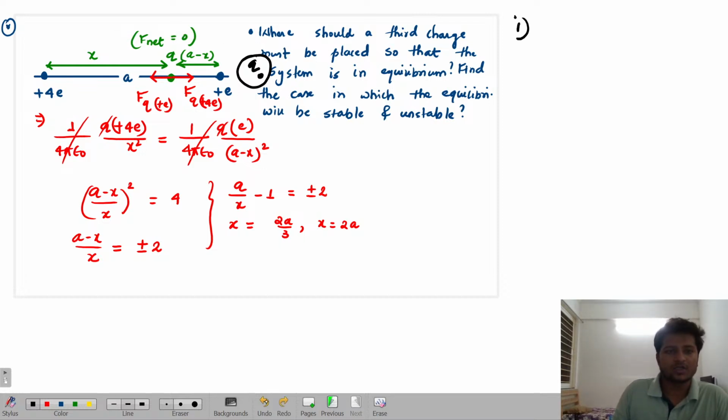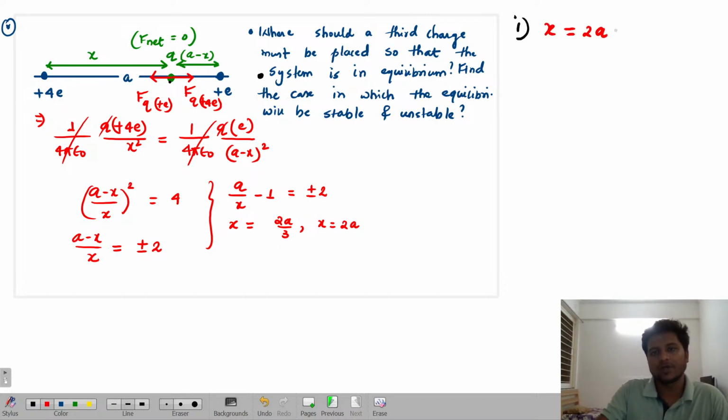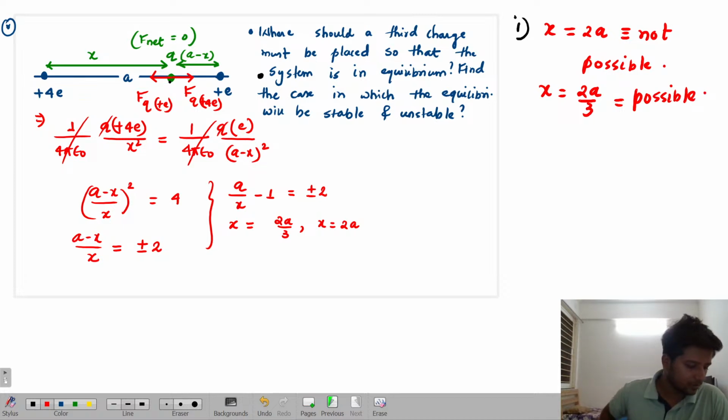But between two positive charges, the charge must be placed in between it, isn't it? So first thing, x is equal to 2a is not possible. So only x is equal to 2a by 3 is possible. Are you able to get me or not?